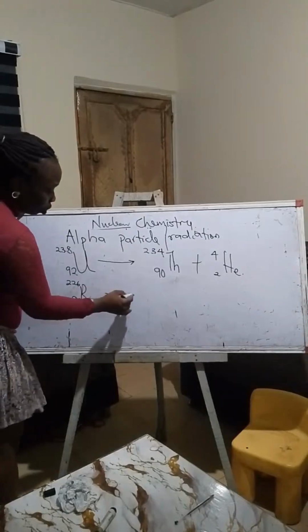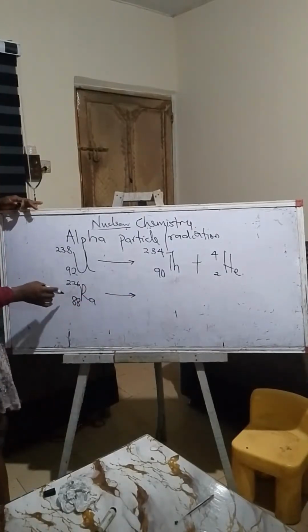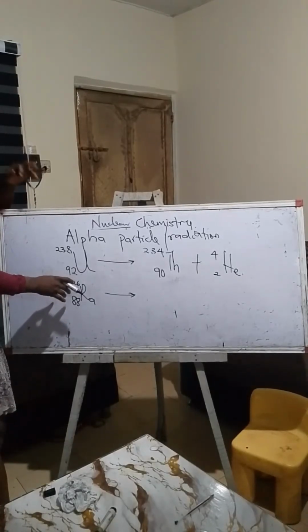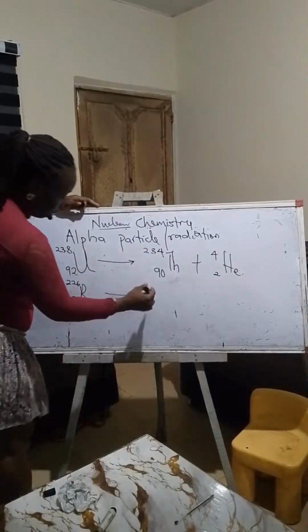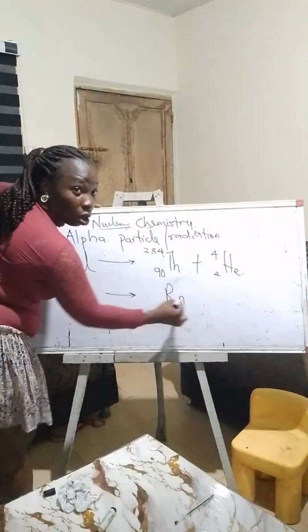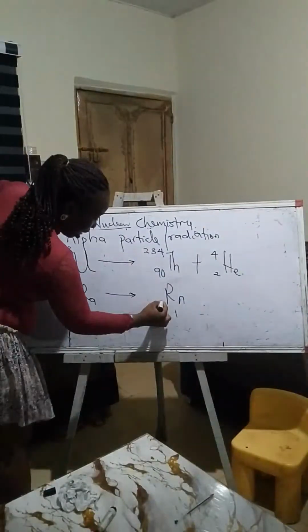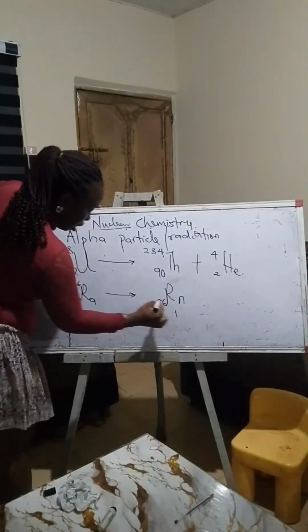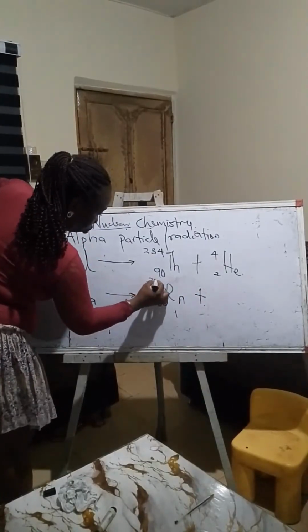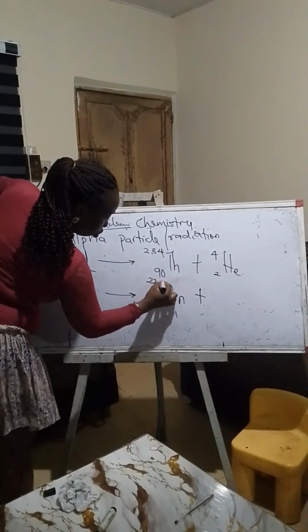So if we take it to 88, that means if this element is bombarded with energy, we will have radon, and that will give us 86 plus 222.